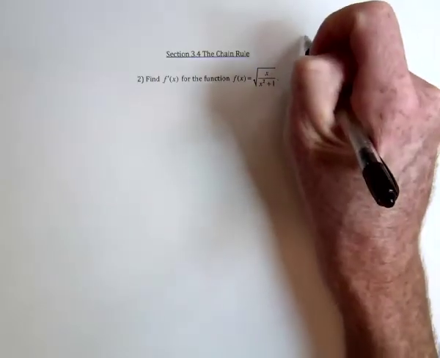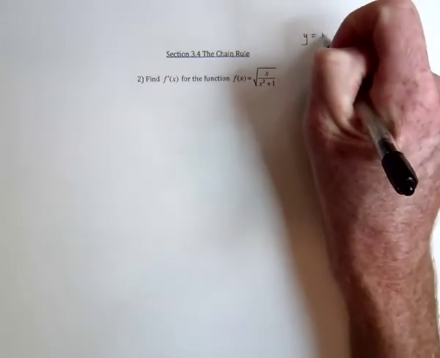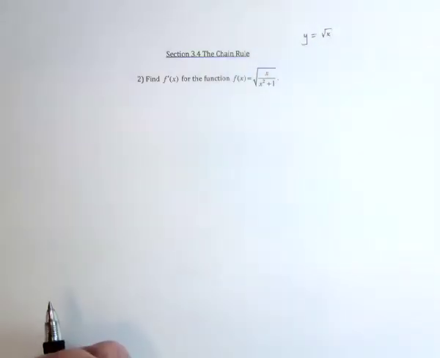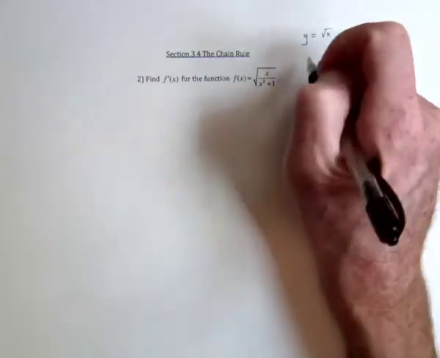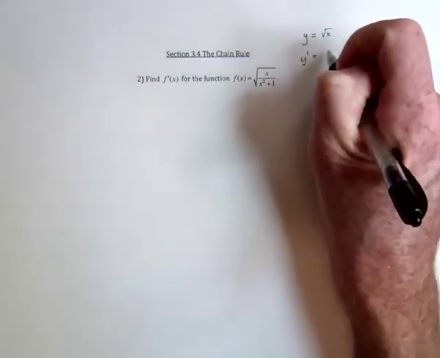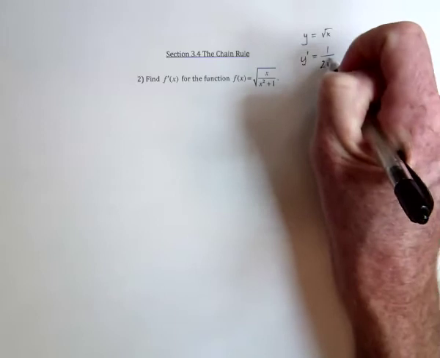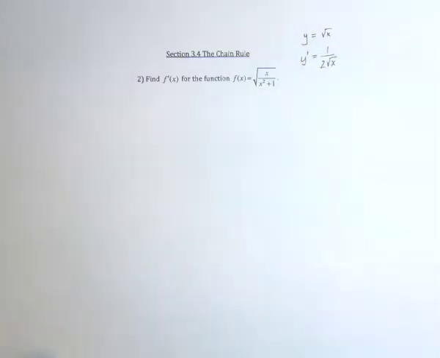First of all, for this square root function, I just remember that the derivative is equal to 1 over 2 times that square root function. That saves some time.